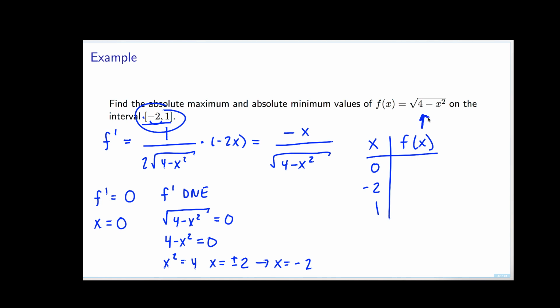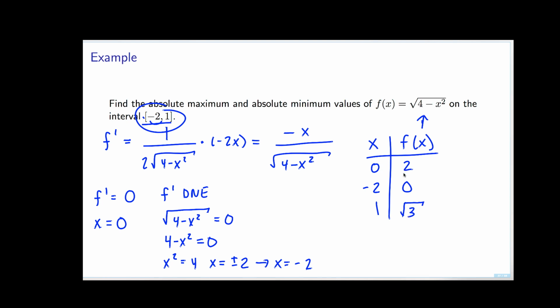So now let's plug back into our function f of x is root 4 minus x squared. When x is 0, 0 squared is 0, 4 minus 0 gives us 4, and the square root of that is 2. When x is negative 2, squared is 4, 4 minus 4 is 0. And when x is 1, we get root 4 minus 1, or the square root of 3.